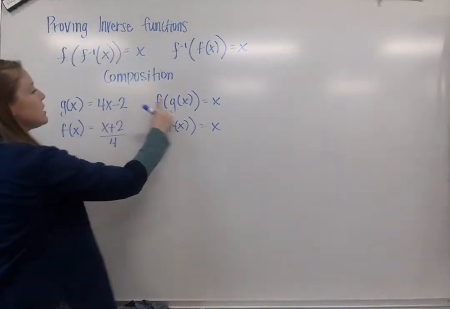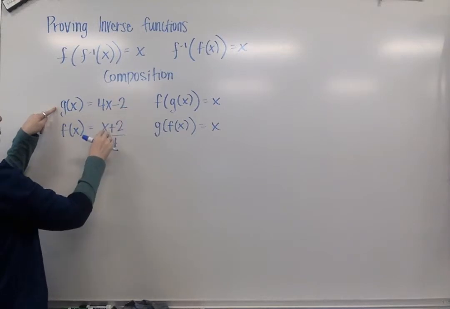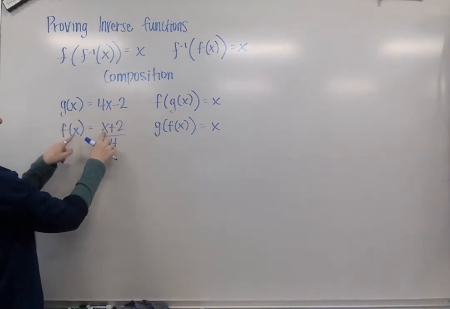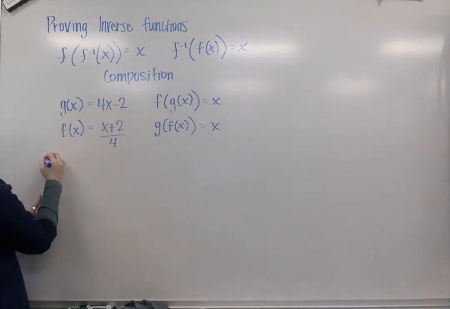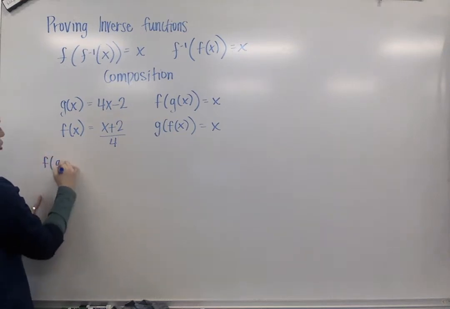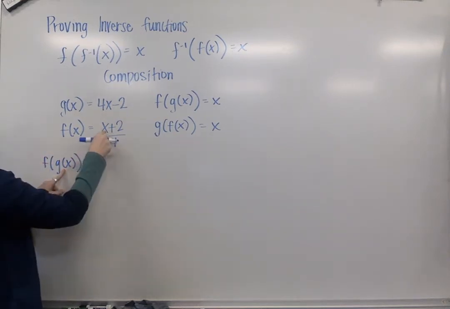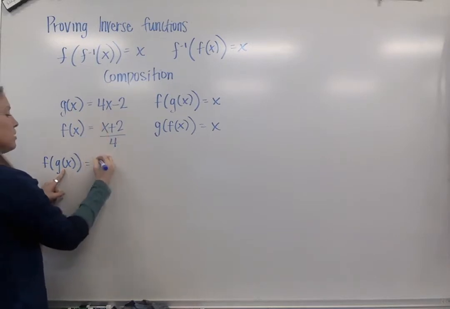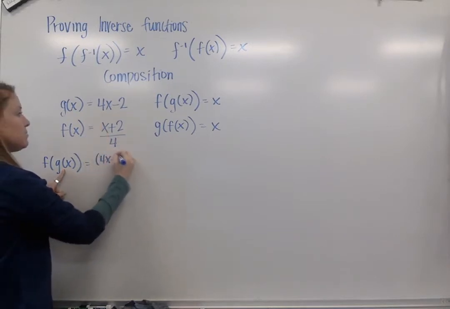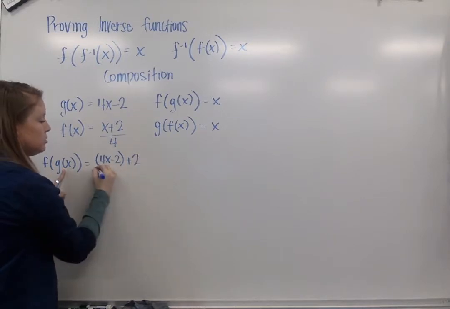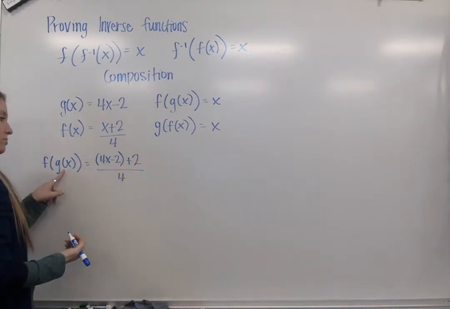So what I'm going to do is I'm going to take g and I'm going to plug it in for x in f. So my f of g of x, I'm going to take g and replace my x here. So I'm going to replace that with (4x minus 2 plus 2) over 4.